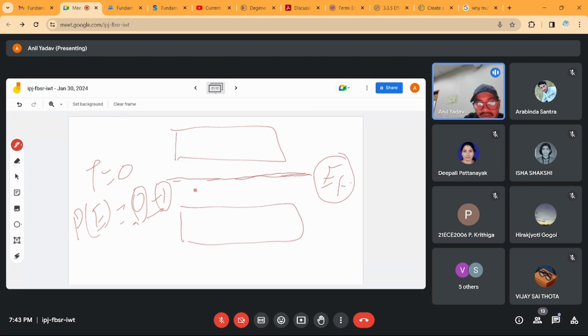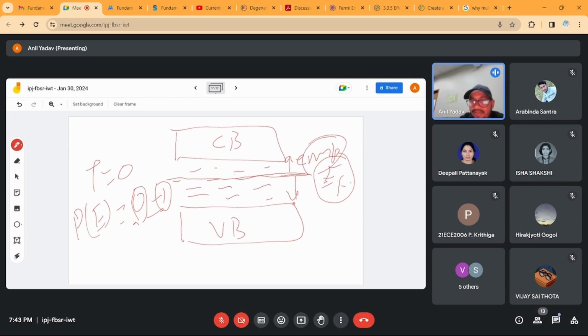If there are defects in the semiconductor, in between the conduction band and the valence band, all the defects above EF will be empty. There won't be any electron.